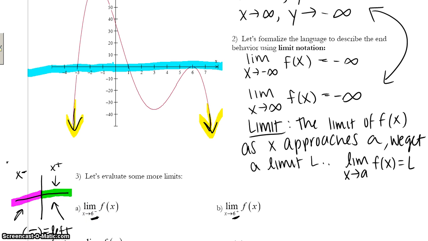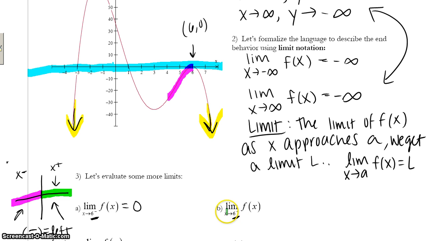As x approaches 6 from the left side, f of x approaches what? So from the left side, f of x approaches 6 at that value there, and that value there is 6 comma 0, which means f of x approaches 0 when x approaches 6 from the left side.